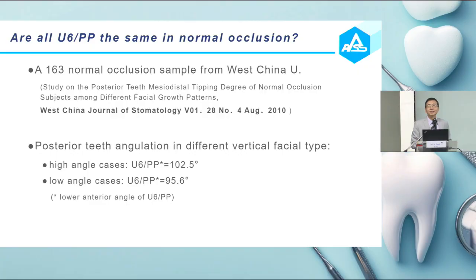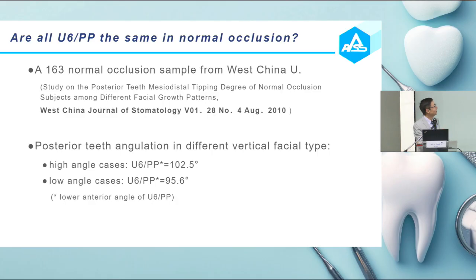What about in skeletal class 1? This study is done by Sichuan University. They published it in 2010. They used 163 normal occlusion cases. But they compared the high angle, low angle, and average angle.